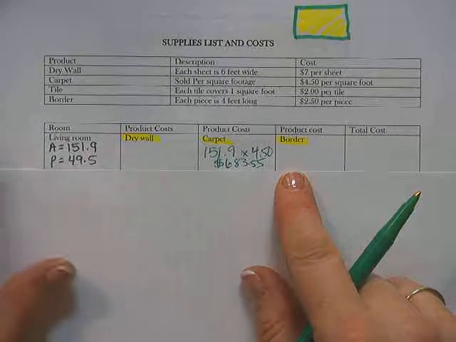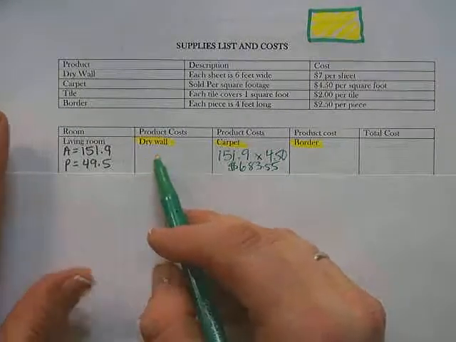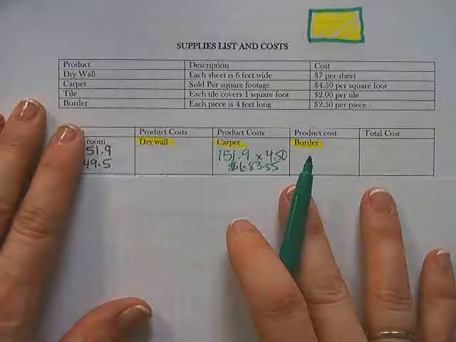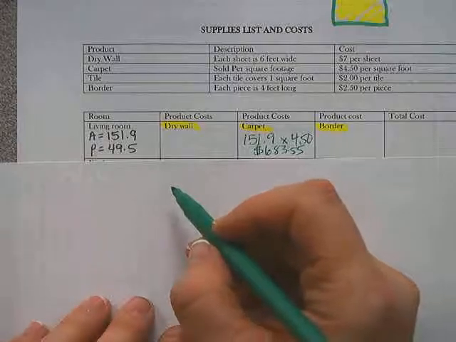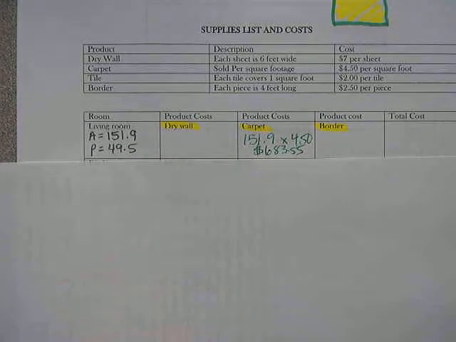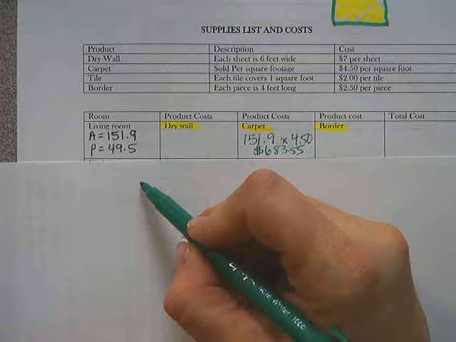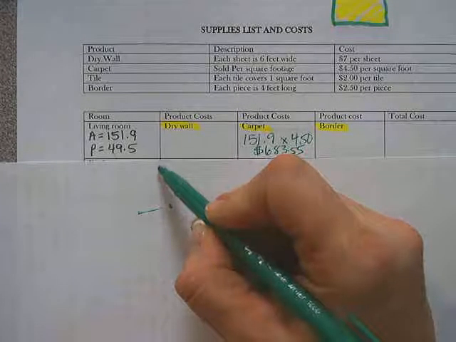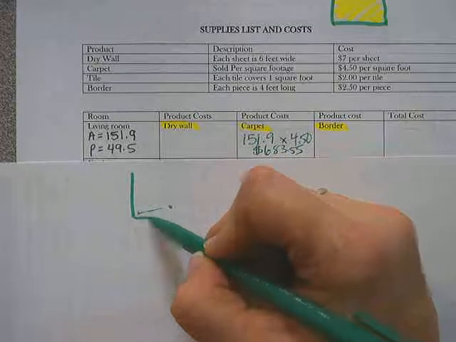Okay, so now we're going to talk about drywall. And this is not super accurate because drywall, if you've ever worked with drywall before, comes in 6-foot wide pieces, but it has a height of only about 4 feet. So you usually have to stick 2 of them on top of each other.